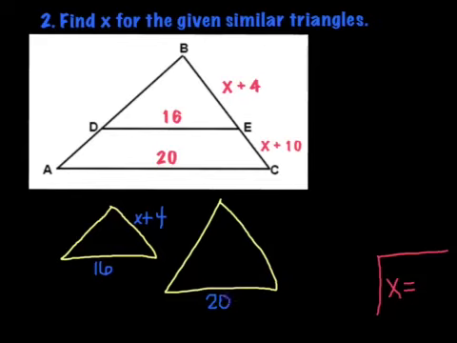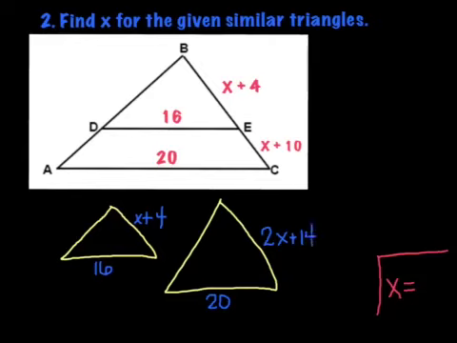And what would this side length be of our large triangle? Well, it would have to be this piece plus this piece. So we would have to put x plus 4 plus x plus 10. So that would be 2x, when we combine like terms, plus 14.